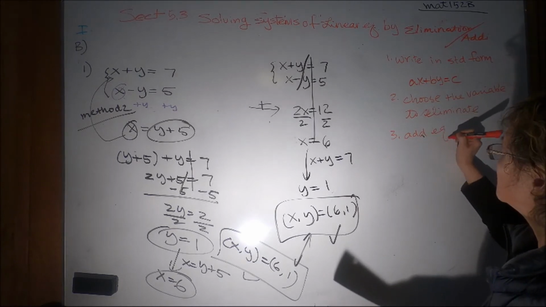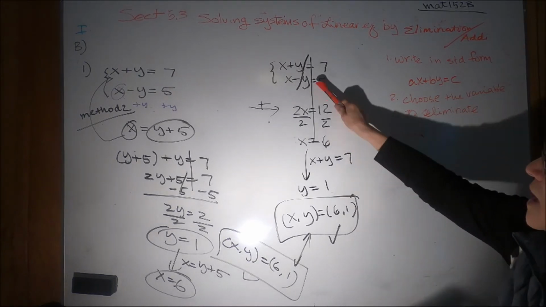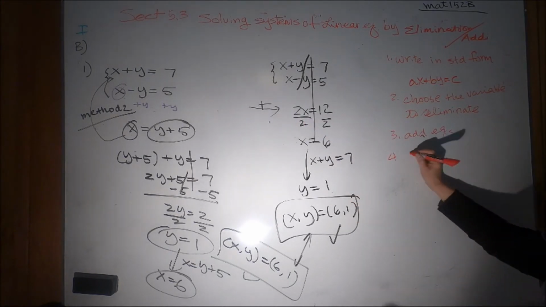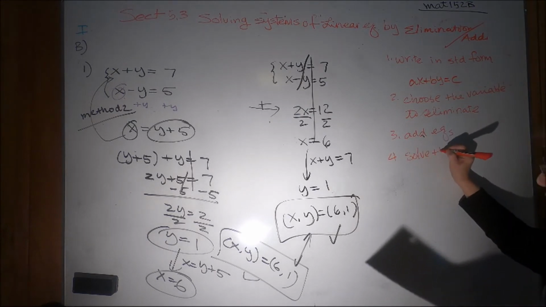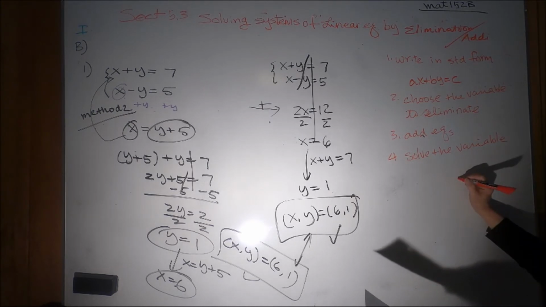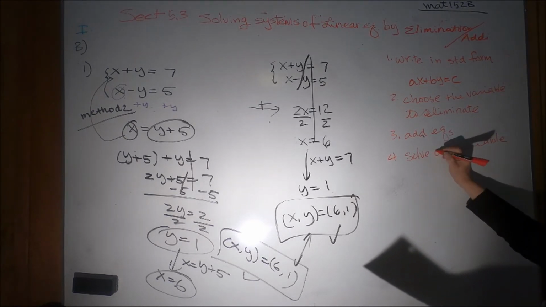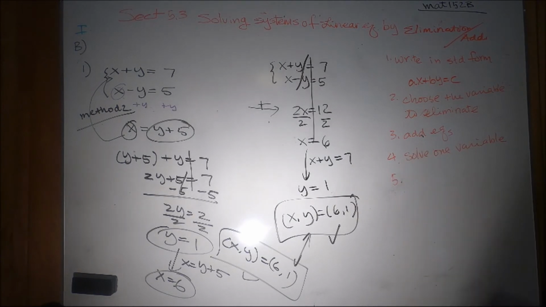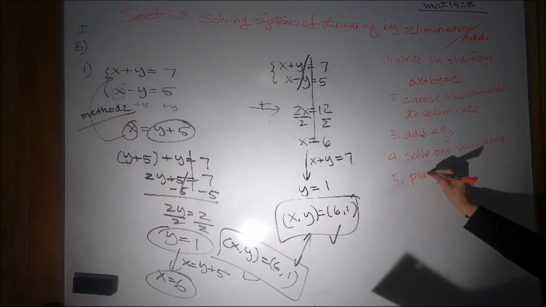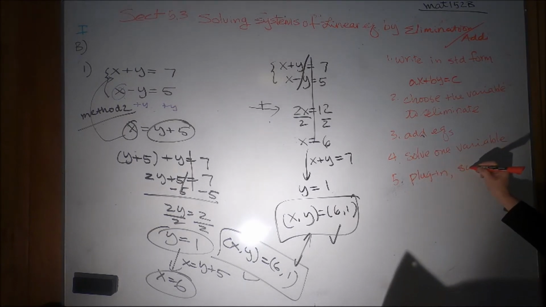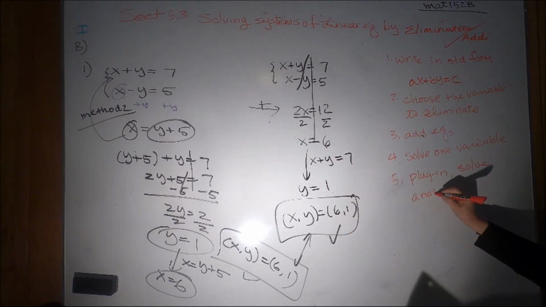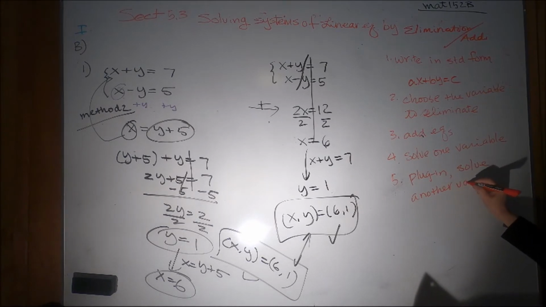So you add those equations, right? Once you add those equations, you only have one variable left. Then you solve for that variable. Actually, it's just one of them because you combined and simplified it to become one variable. Then you solve one variable, then you plug in, and you solve for the other variable, right?